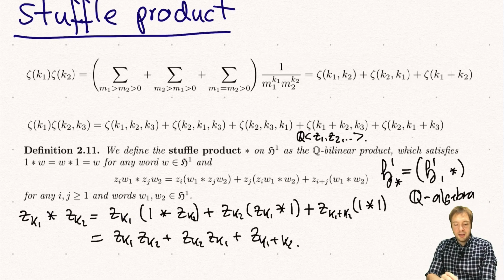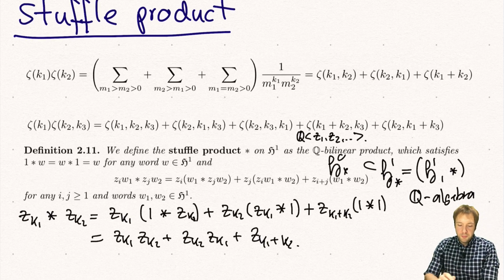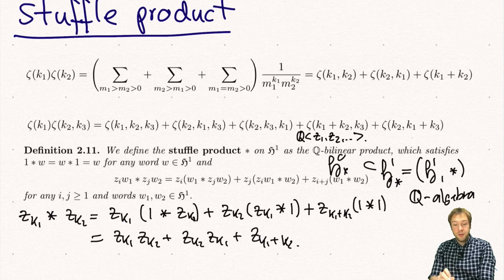One can check again that this product is actually associative and commutative. And this also has a subalgebra H0 with the stuffle product, because if I have an element in H0, this means that the first z is not z1, but then you also see that in the sum here, if these are not z1, then also these are not z1.